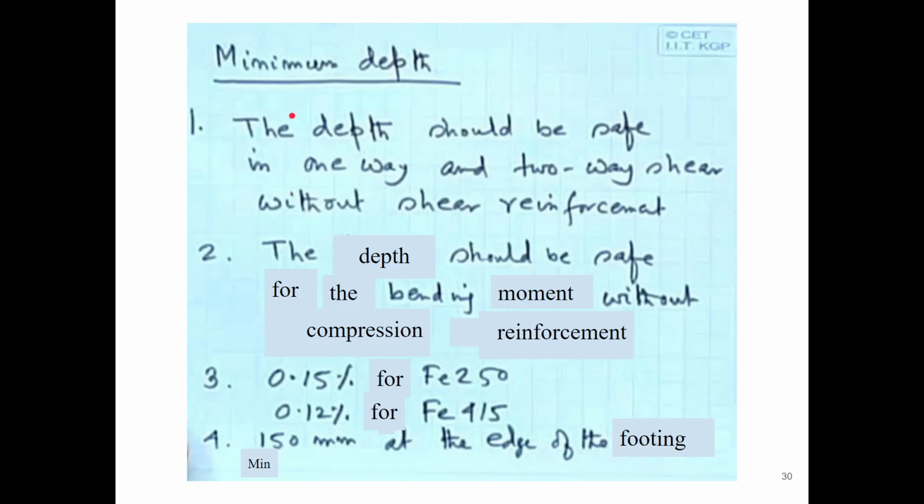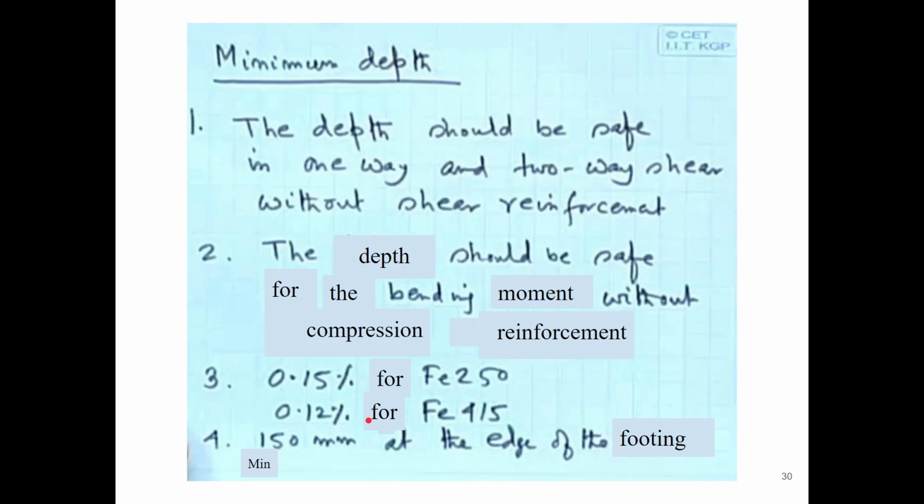So the minimum depth of the footing should be such that the depth is safe in one-way and two-way shear without shear reinforcement. The depth should be safe for the bending moment without compression reinforcement. And it should be at least 150 millimeter minimum, and it should have a tensile reinforcement of 0.15% for mild steel and 0.12% for HYSD steel.